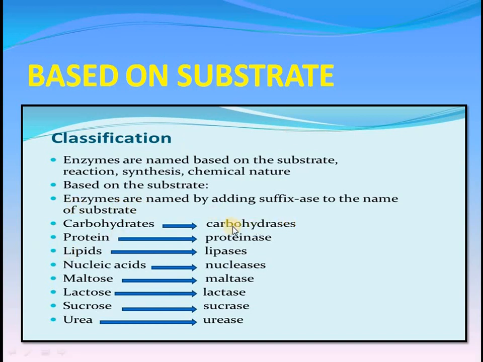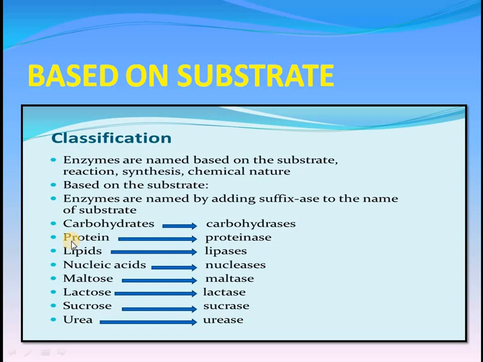For example, amylases digest the starch or glycogen into maltose. Then cellulase digests cellulose, maltase digests maltose into glucose. Then sucrase digests the sucrose, and lactase digests the lactose into galactose and glucose.